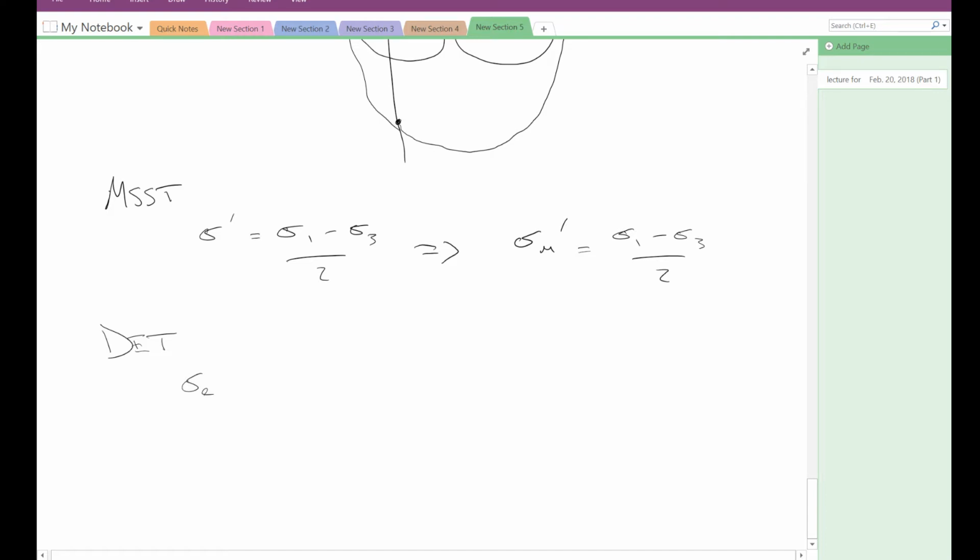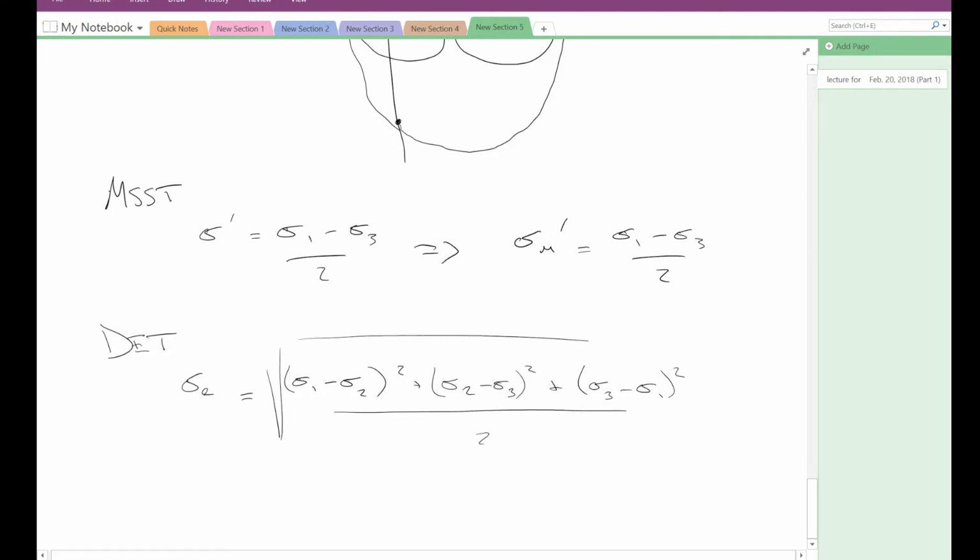Sigma E is based on all of these principal stresses equal to sigma 1 minus sigma 2 quantity squared plus sigma 2 minus sigma 3 quantity squared plus sigma 3 minus sigma 1 quantity squared. All of this divided by 2. And the entire quantity of this square rooted.